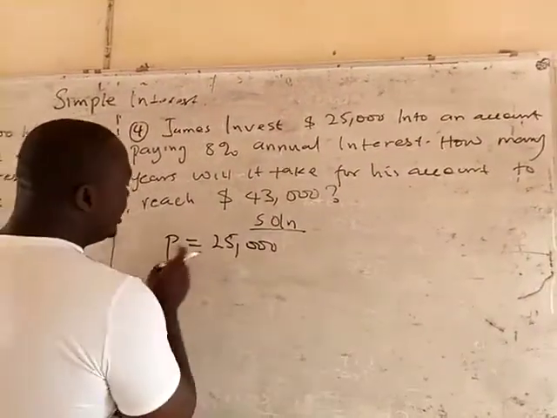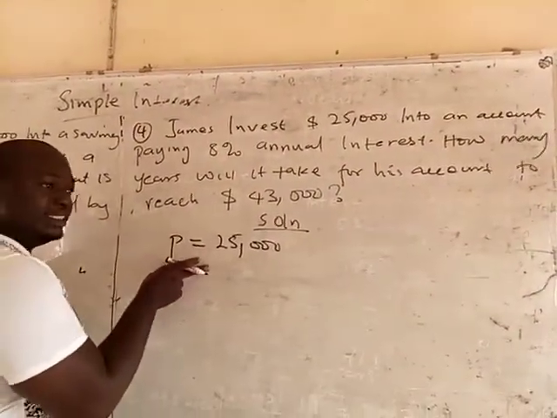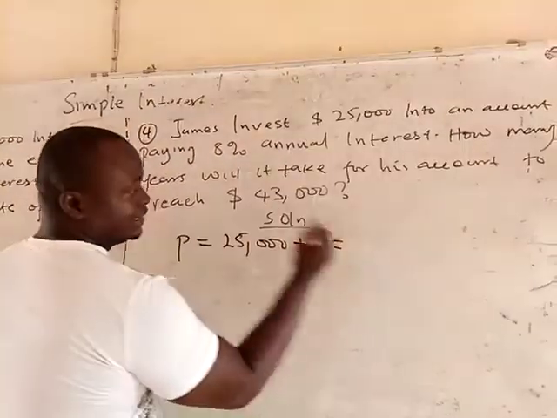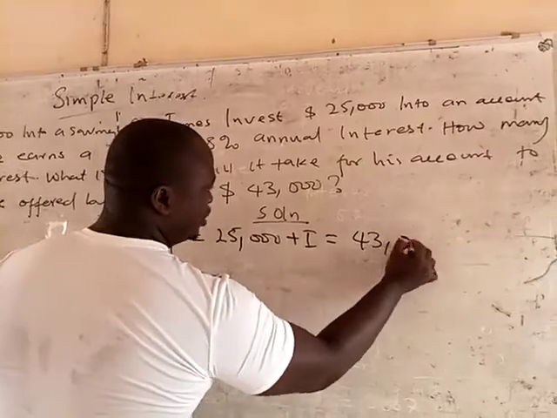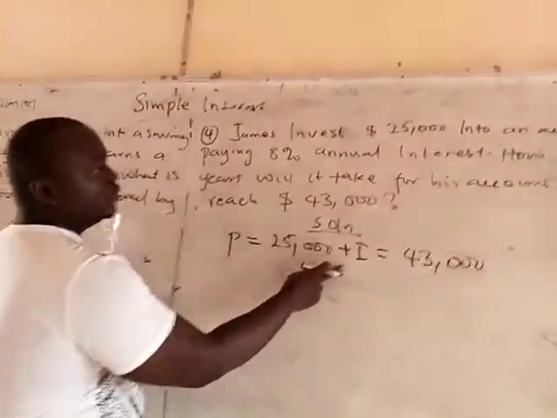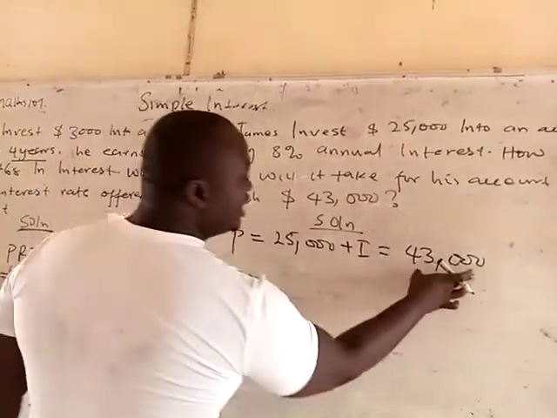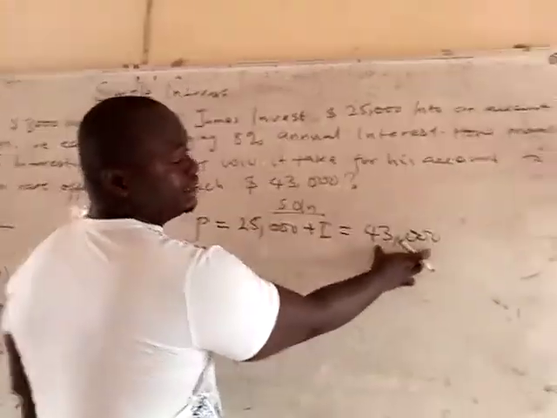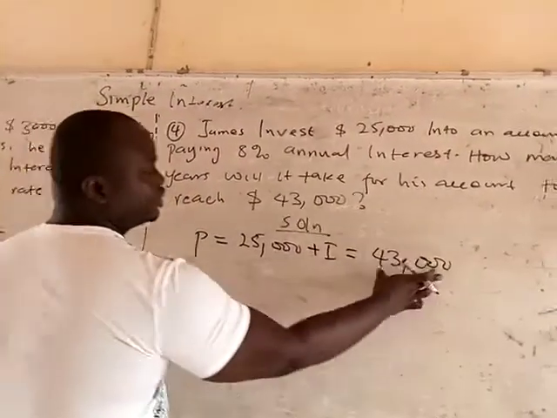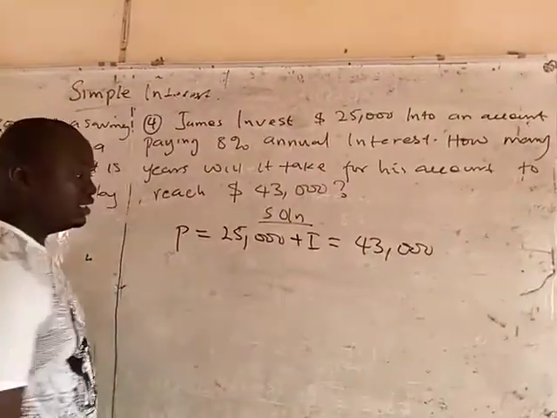So if he has a principal, he invested this, plus interest, he will get this. So please understand the question. He invested this plus interest. They want to know in how many years will he get this? Are you with me? So principal plus interest is going to be the future amount, right? Good.